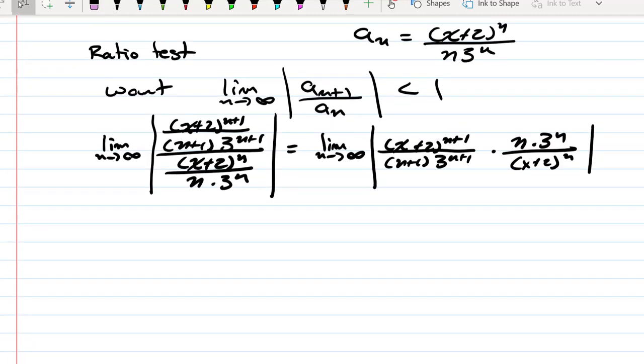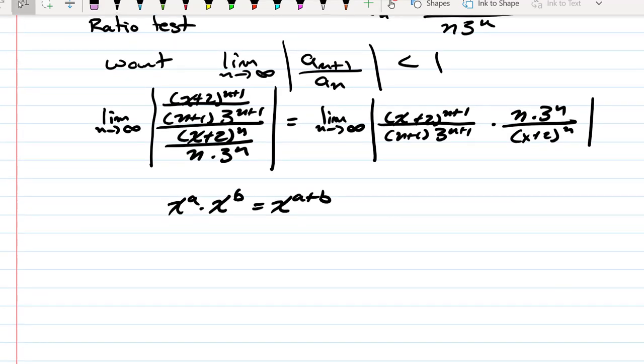So we need to keep simplifying this. We're going to use some of our properties of exponents: if I have x to the a times x to the b, that's x to the a plus b. And we're going to use this property backwards because we have an n plus 1 here.